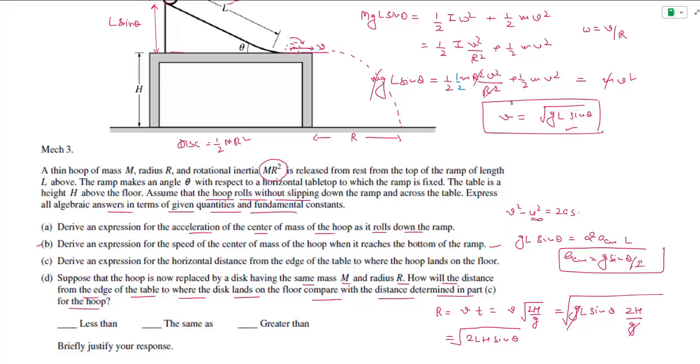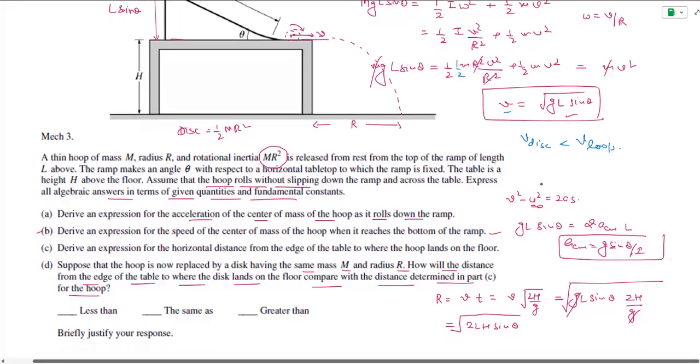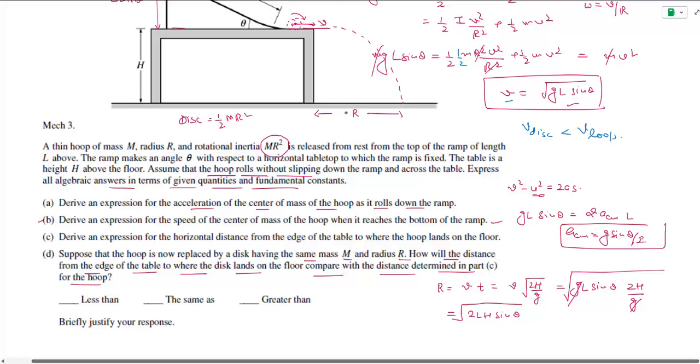So this means the speed would be lesser. So v in case of the disc will be less than v in case of the hoop. When this v is less, the distance through which it will fall will also be less.